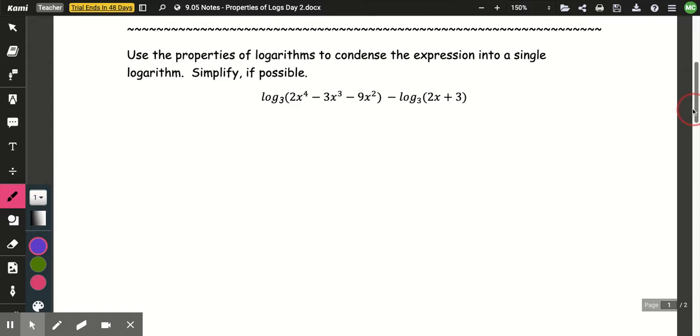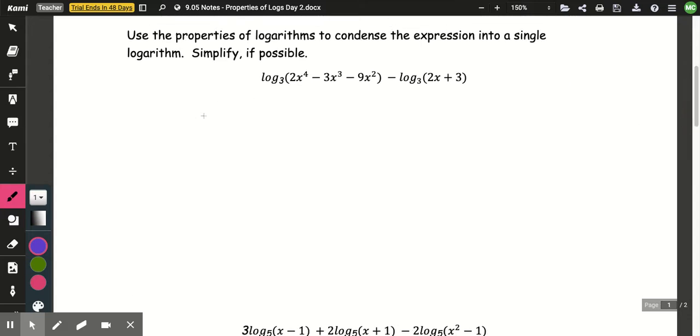So because it's a log minus a log, I can use the quotient property. So I'm going to start with that. That means it'd be log base 3 of the first expression there. So 2x to the fourth minus 3x cubed minus 9x squared over 2x plus 3.